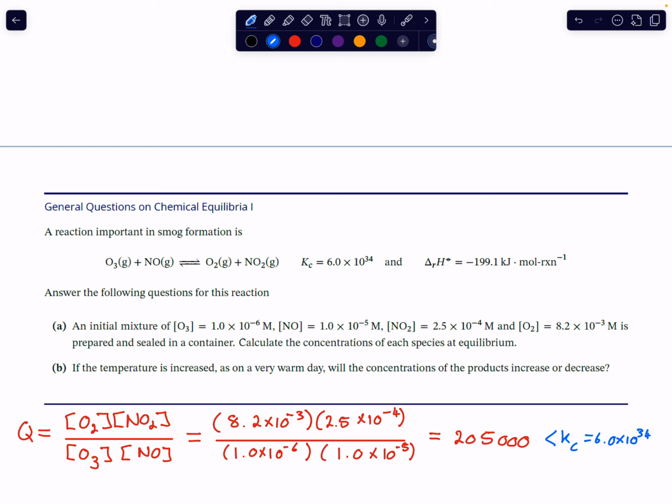So even though Q is a big number, Kc is still quite large. So Q is still less than Kc. So that means the forward reaction is favored.